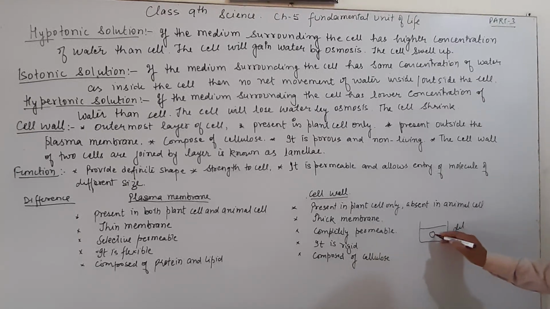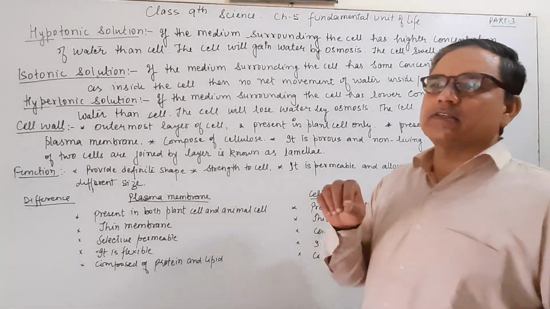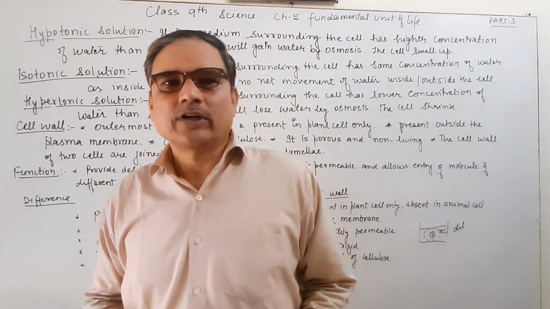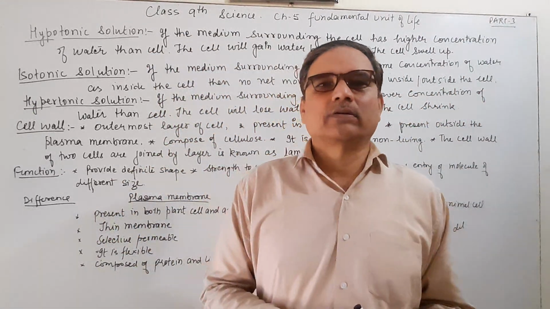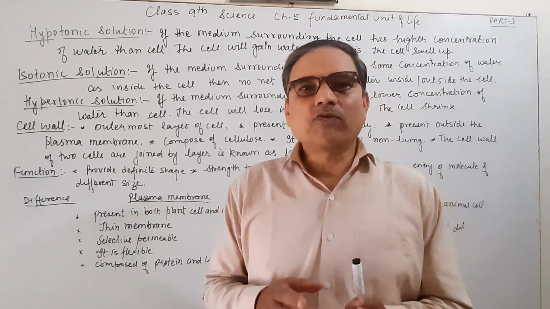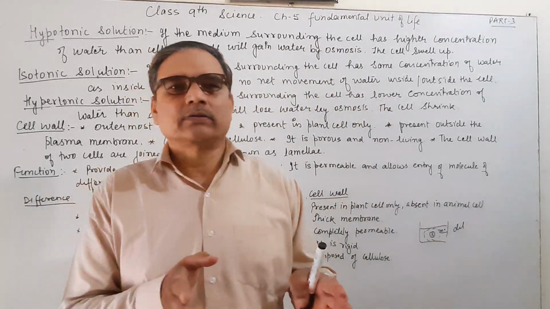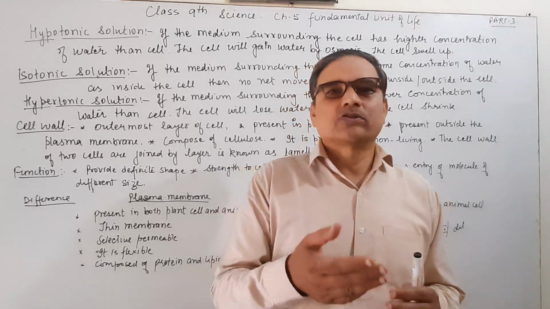If the concentration of water surrounding the cell, in a dilute solution, is more, and the water concentration inside the cell is less, it means there will be a movement of water through a process of osmosis.